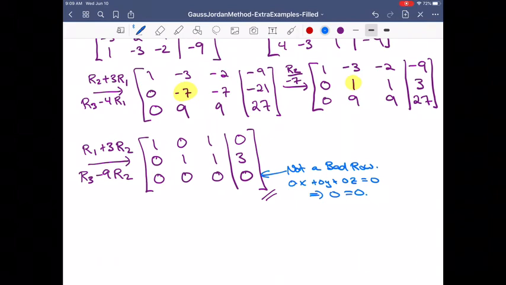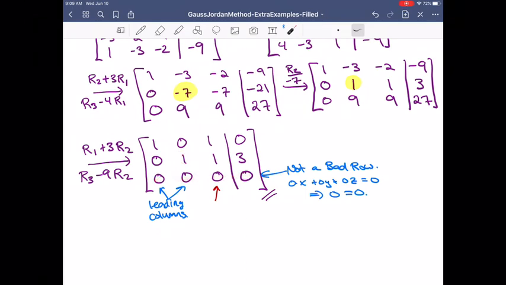So the first 2 columns have leading ones. So those are leading columns. Okay, the third column does not have a leading one. Even though it does have 2 ones, okay, they're not the first ones in that row. So this is the first one in row 1. This is the first one in row 2, and there's no one in row 3.